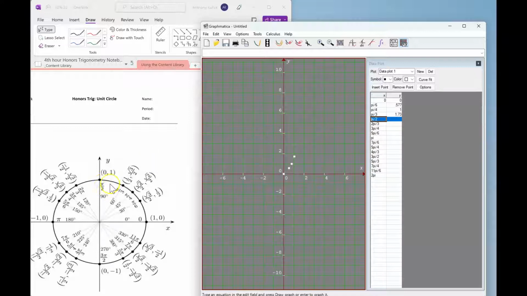And then tangent of pi over 2 is going to be 1 divided by 0. What's that? Undefined. So what's going to happen here? We're going to get a vertical asymptote.